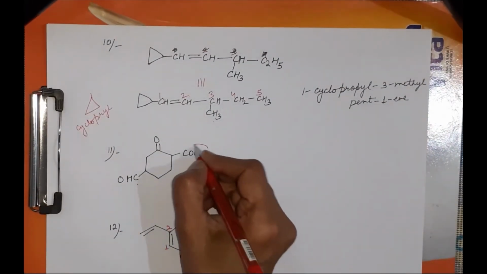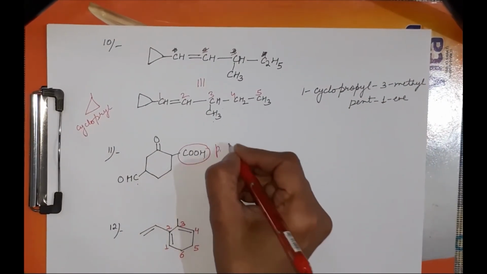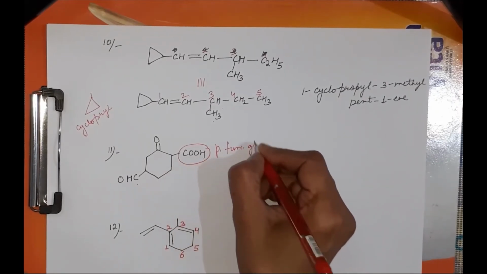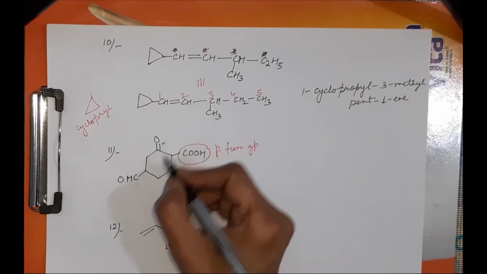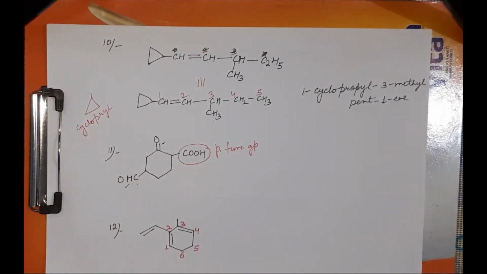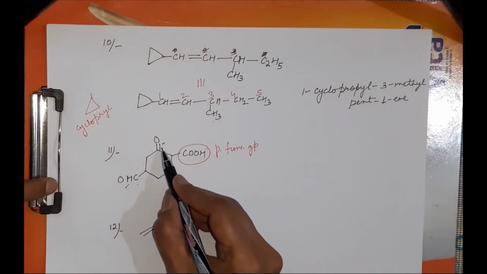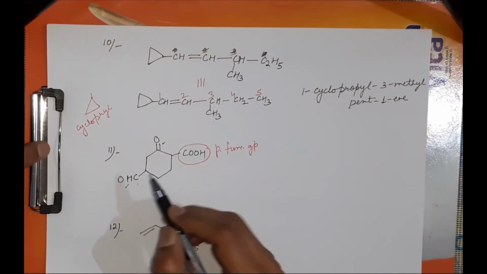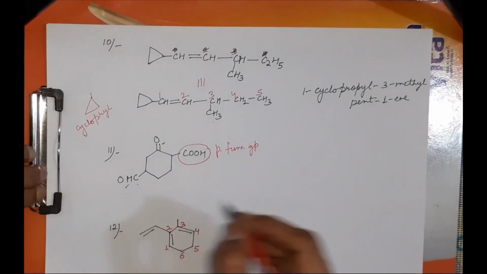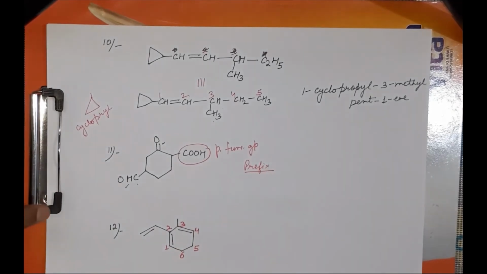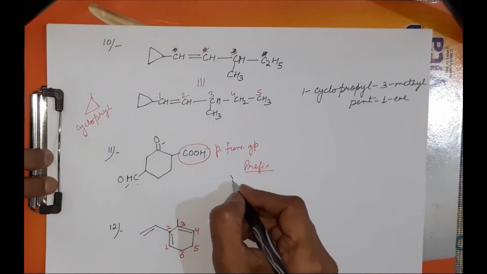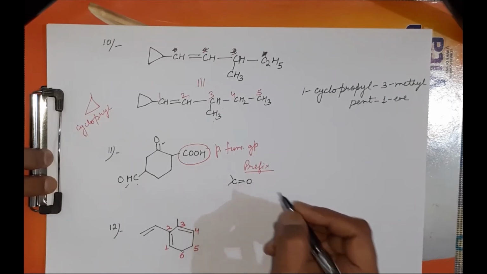So this COOH group will be treated as the principal functional group, and both the ketonic group and aldehydic group will be the substituents in this case. Both of them will be written in the form of prefix. So let us discuss this ketonic group.